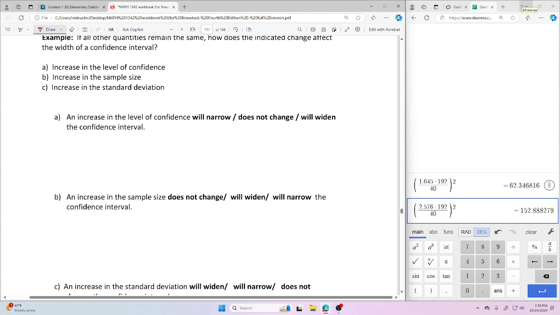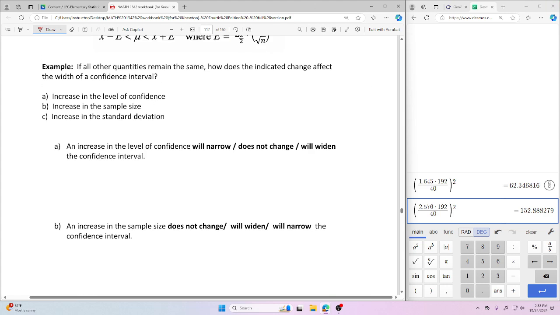Okay. So it says, out of everything else that stays the same, what if you increase the level of confidence? Again, think of this. I'm going from 90% to 99%. I'm going from a bell curve that looks like this, 90%, to now my bell curve looks like that, 99.